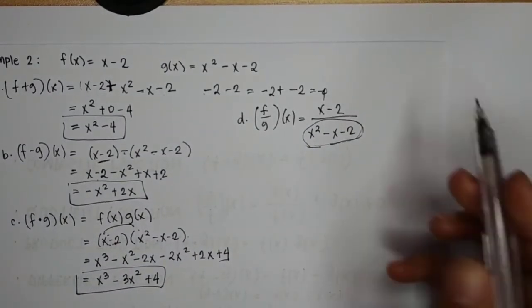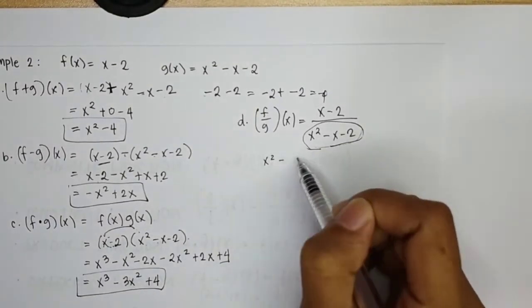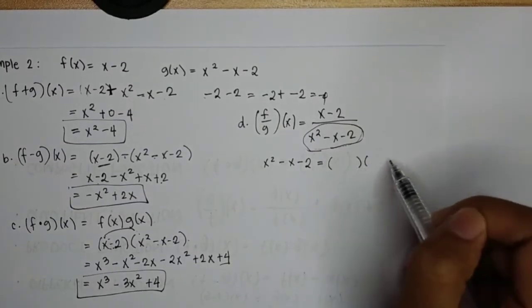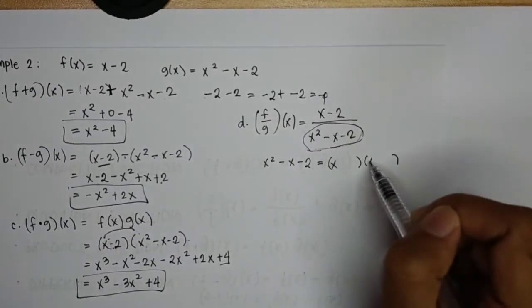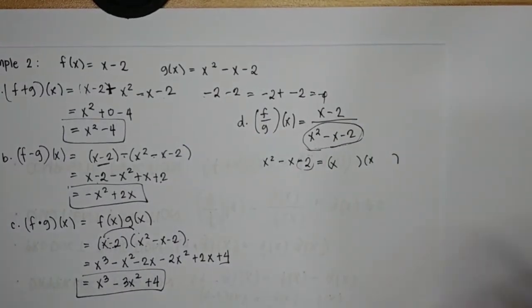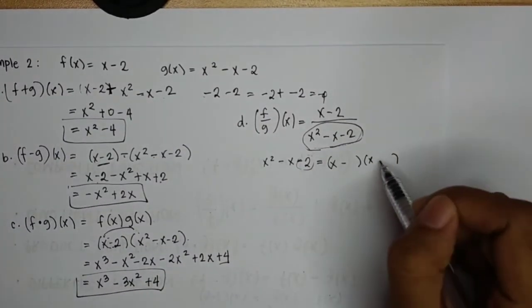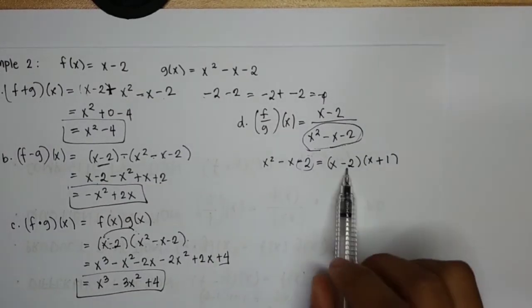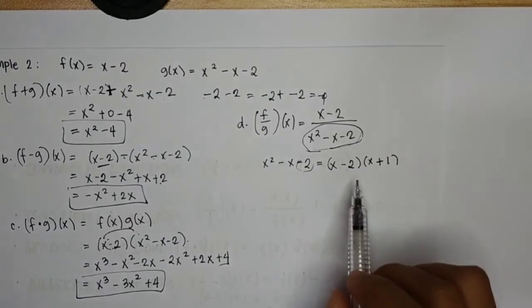two binomials. So, x squared minus x minus 2, that is equal to, so let's write this one, x times x. Then, we have here negative, right? So, ano yung factor ng 2? That is negative 2 plus 1. So, since negative 2 times 1, that is negative 2.